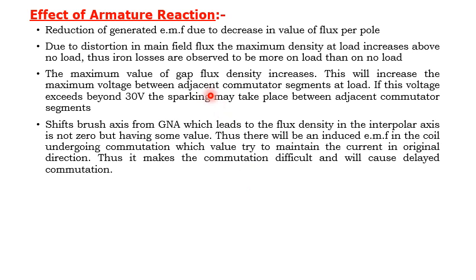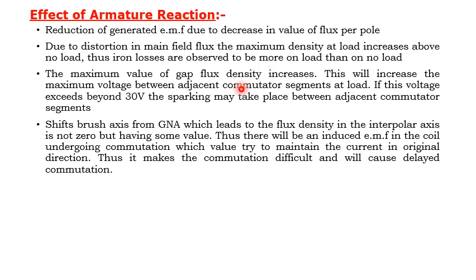So these are all the effects of armature reaction. The first effect is that the generated EMF will be reduced due to the decrease in the flux per pole. The second effect is that there may be more iron losses observed under load condition than no load condition.